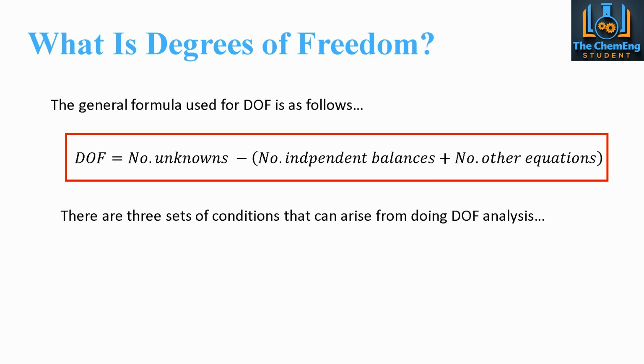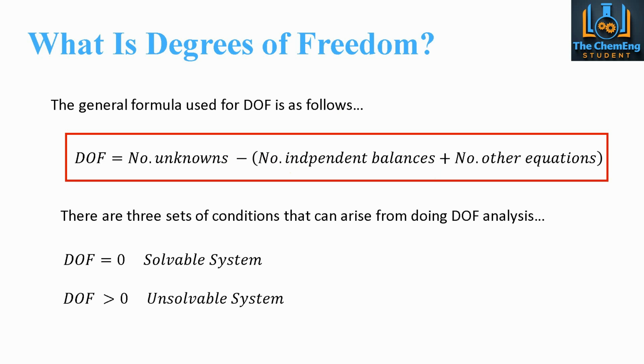Now, there are three sets of conditions that can arise from carrying out the degree of freedom. The first one is that if the DOF equals 0, then we have a system that we can solve. We will be able to solve the problem.